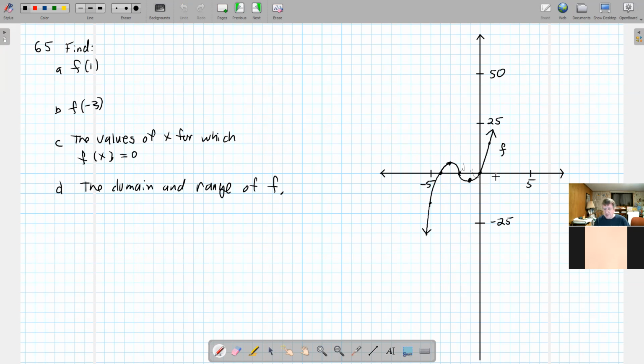So on the x-axis, 1 square is 1 unit. On the y-axis, 1 square is 5 units, 5, 10, 15, 20, 25, etc. Okay, so f of 1, when x is 1, y is 15.